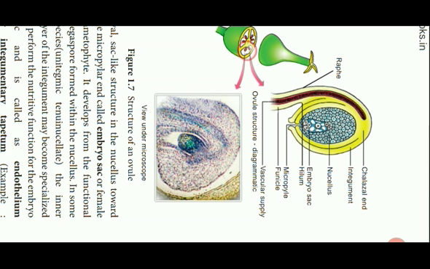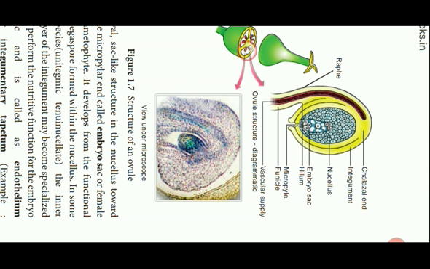The stalk of the ovule is called the funicle. If you see the diagram, you can see the funicle clearly. This is the stalk of the ovule, that is the funicle. The funicle is attached at the base of the ovule to the placenta.